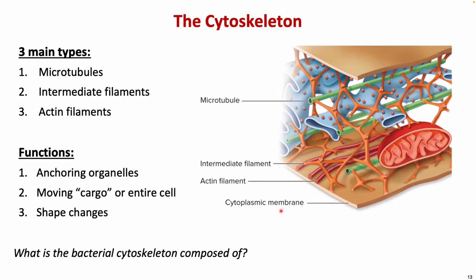Their function is anchoring of organelles, as you can see here, and they help in the movement of cargo throughout the whole cell, and also help in shaping the cell and enabling the cell to change its shape. This is mostly required during movement.